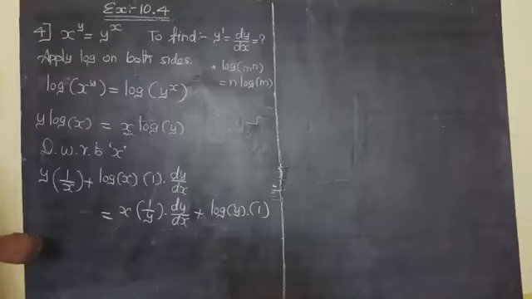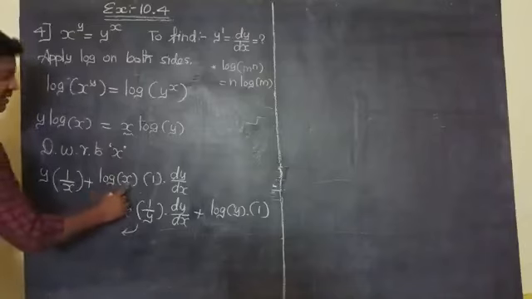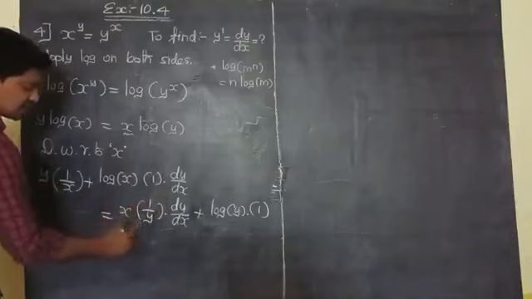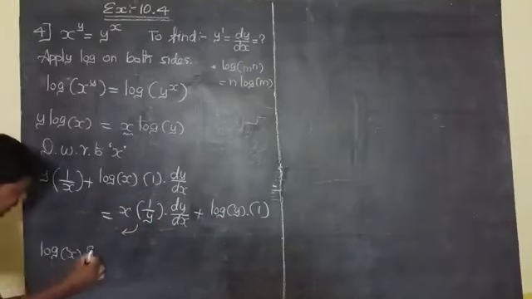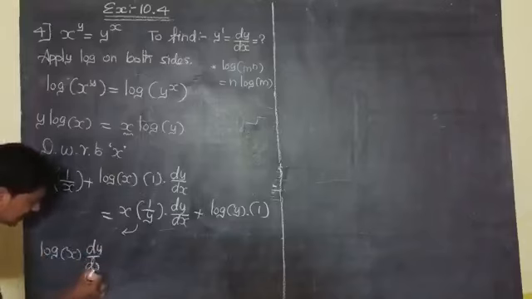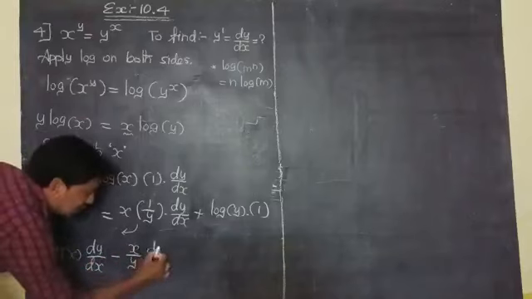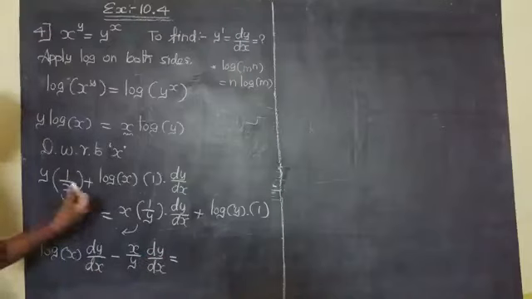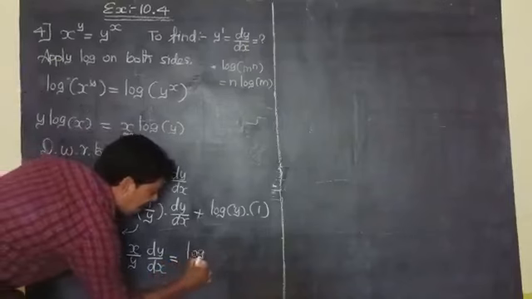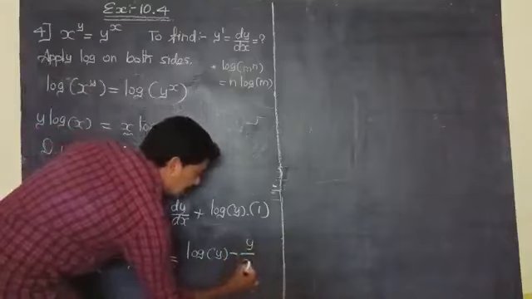Here the dy by dx terms go to the left hand side, that is log of x into dy by dx minus x divided by y into dy by dx, which is equal to, this term goes to the right hand side, that is log of y minus y divided by x.